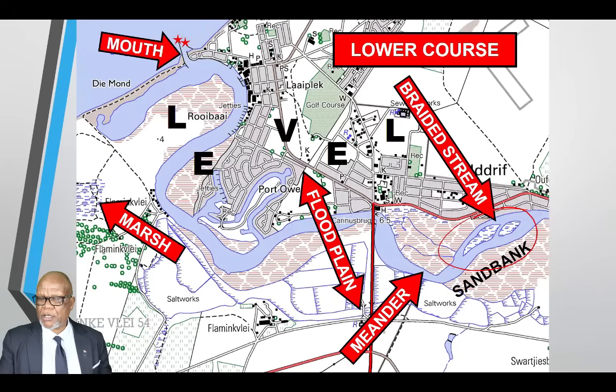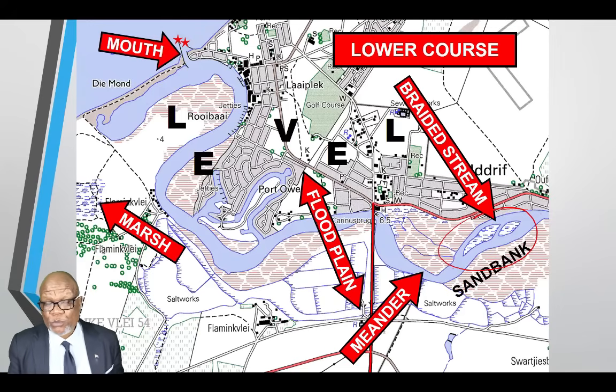But here, what do we get? We have a braided stream. You can see you have your marshes there and flats there. You have your sand deposits or sand banks that you can see there. So this is your braided stream. And then what do you have there? You have a meander.